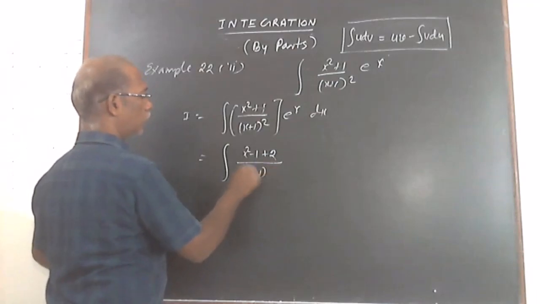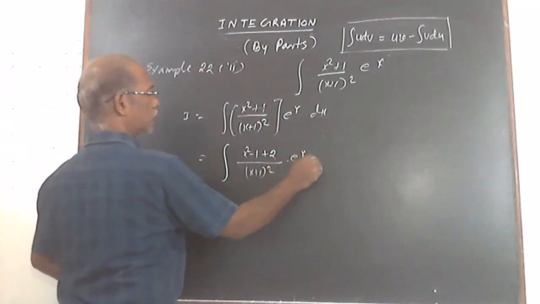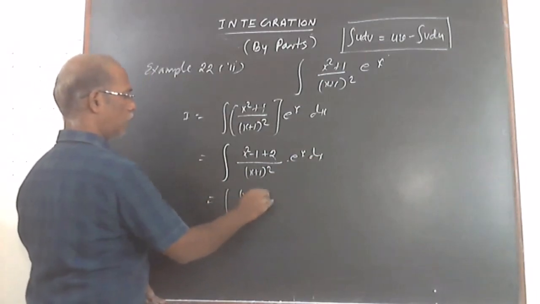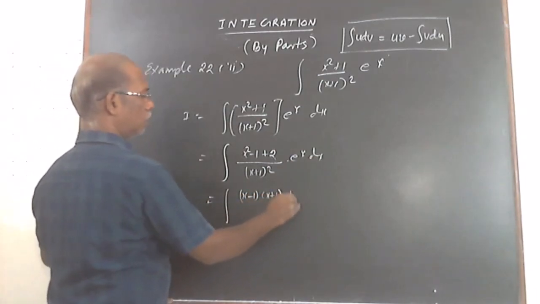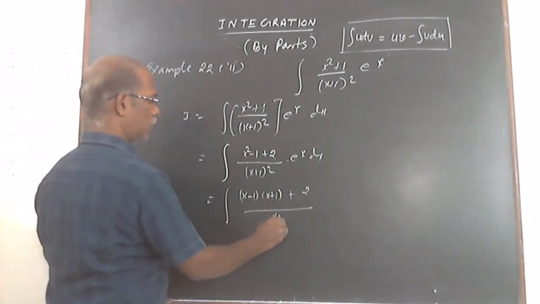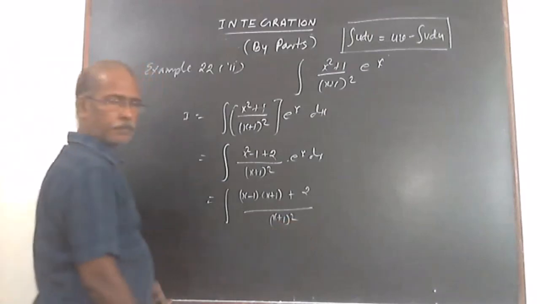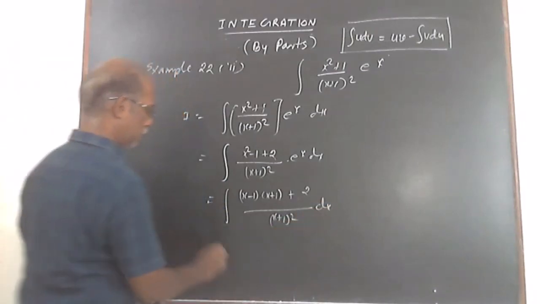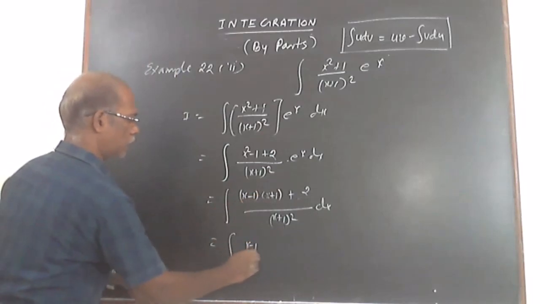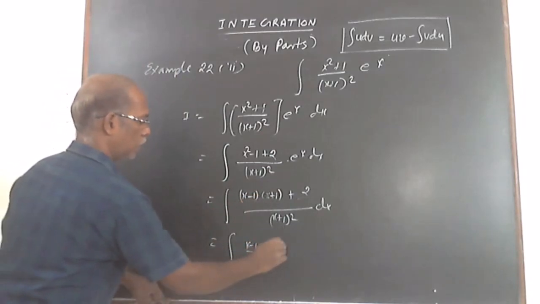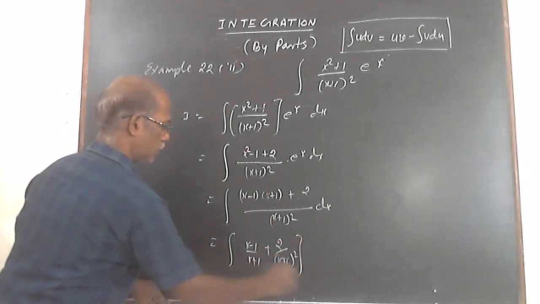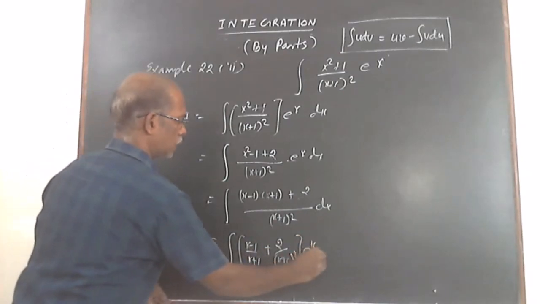Then x plus 1 the whole square into e power x: x minus 1 into x plus 1, plus 2, by x plus 1 the whole square, dx. After that, x plus 1 cancels: x minus 1 by x plus 1 plus 2 by x plus 1 the whole square, into e power x dx.